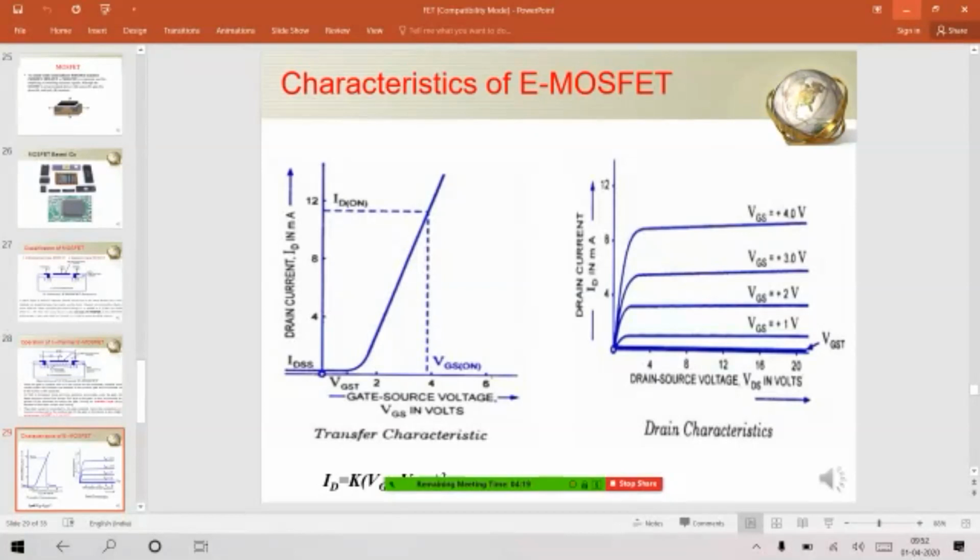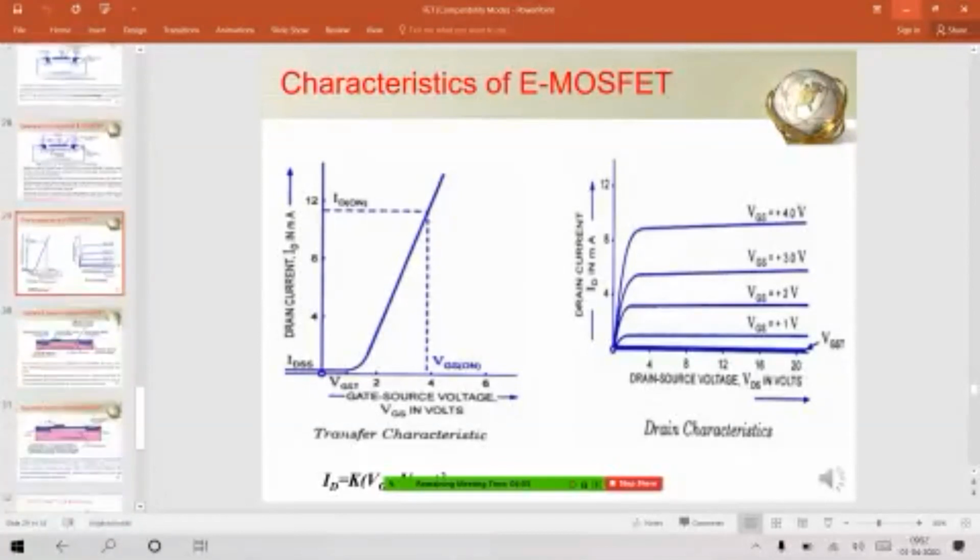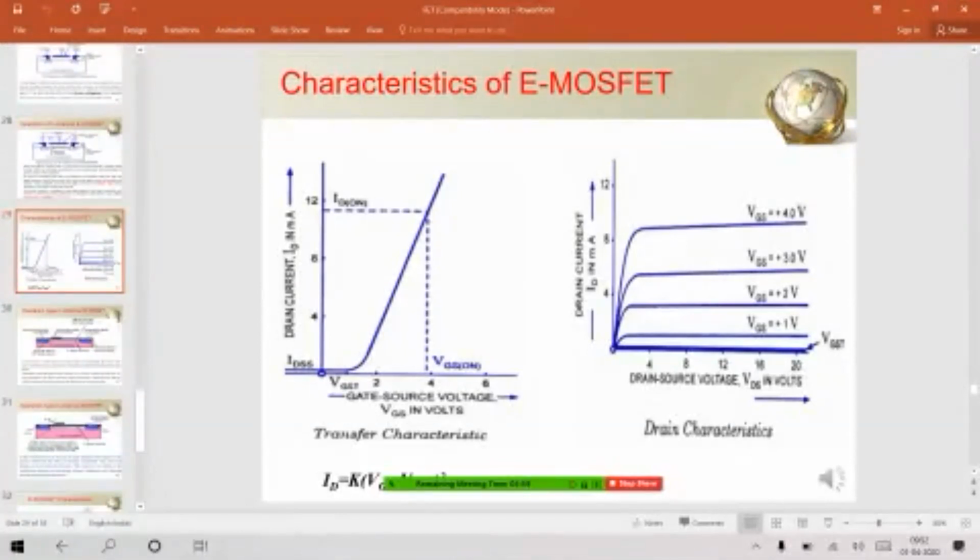That is drain characteristics. This is how your MOSFET characteristics are characterized. Next, once you know the operation of enhancement type MOSFET, you can go to depletion type MOSFET.